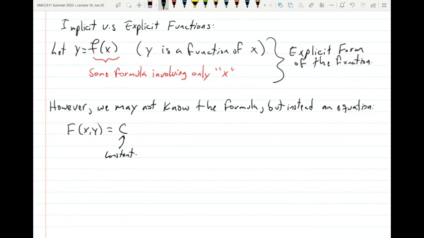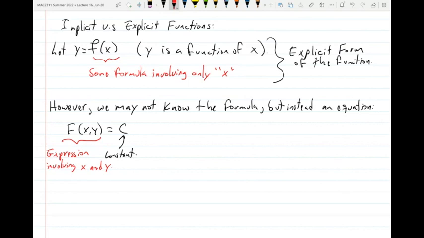So whenever you have an expression involving x and y, the convention is that when you use x and y, it's understood that x is the independent variable and y is the dependent variable. But you could do it the other way around as well. Typically, y is our dependent variable.